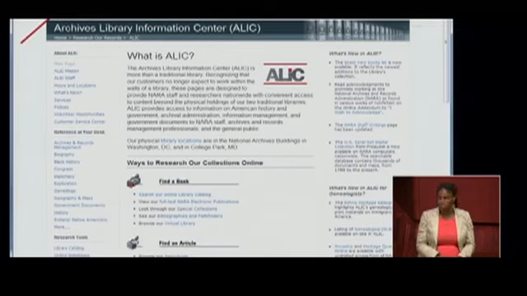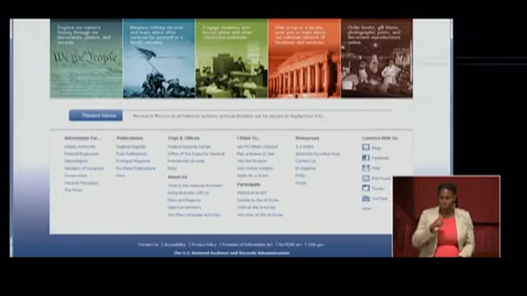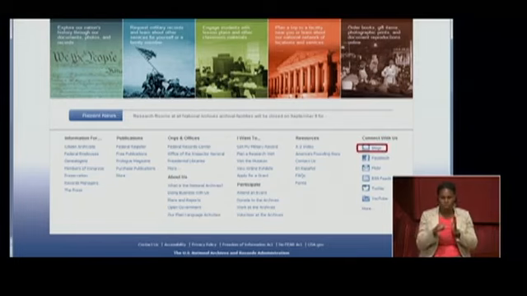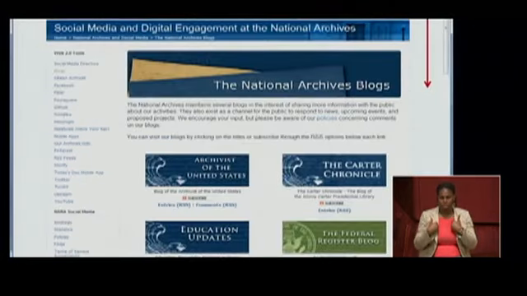I'm going to hit again the eagle's wings, click on that, and go back to the Archives homepage. And just call your attention that the Archives does have blogs available. If you click on the blogs, there are 2 different blogs that have to do with genealogy.